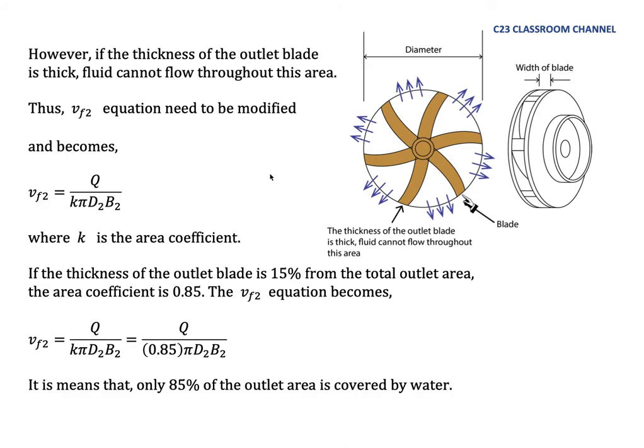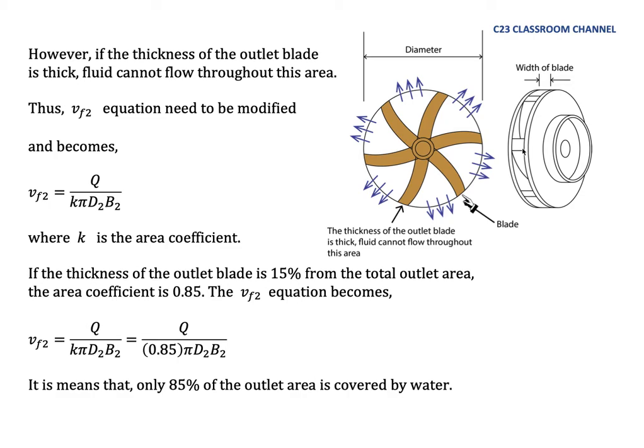And then what happens if our blade has thickness here? As you can see, if the blade is thick like this, then if we calculate pi d, it will not reflect the area that water flows out through, because water does not flow through this area.